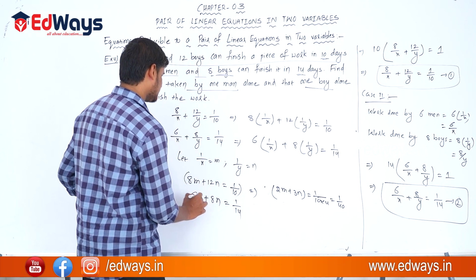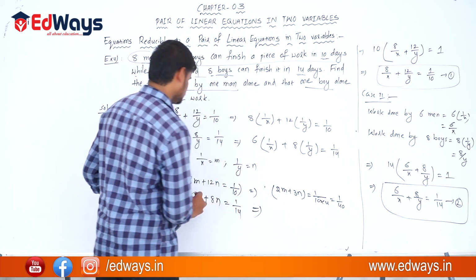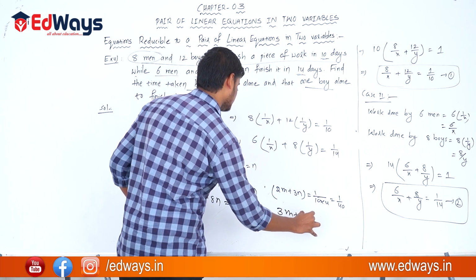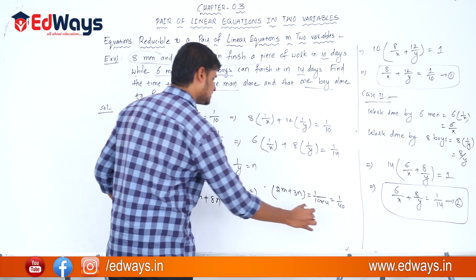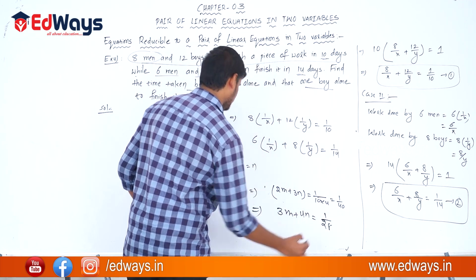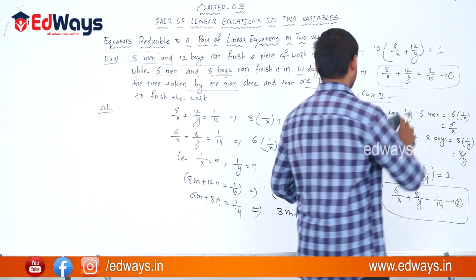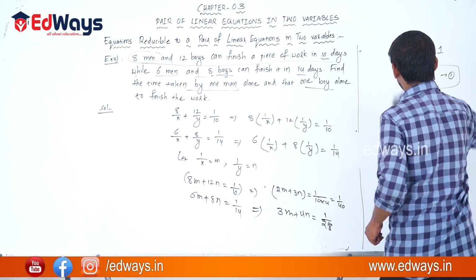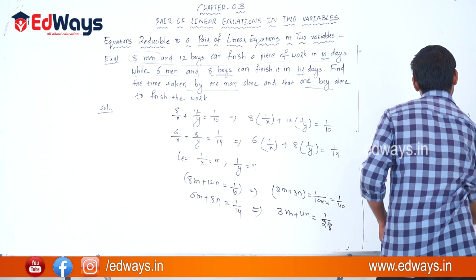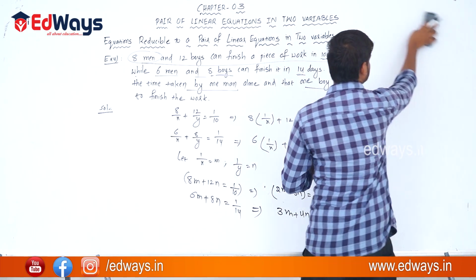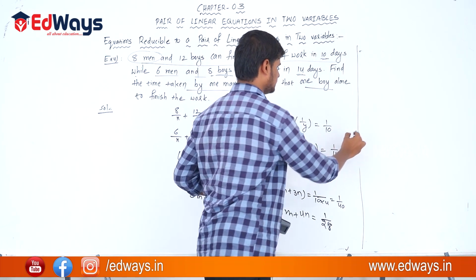In the second, I can take 2 common, so it will be 3m plus 4n is equal to 1 by 28. These are the two linear equations we got. Now we have to solve these two equations by any method. Let me choose the elimination method again to solve them.